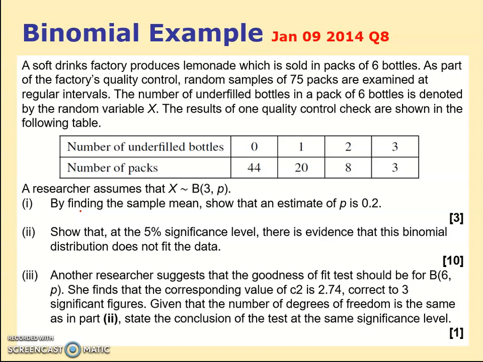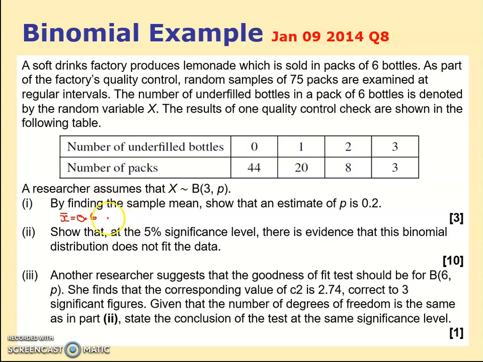And then the frequency is 44, 20, 8 and 3. And then we want to find the x bar using the option button. And I get 0.6. So I get the sample mean to be 0.6.